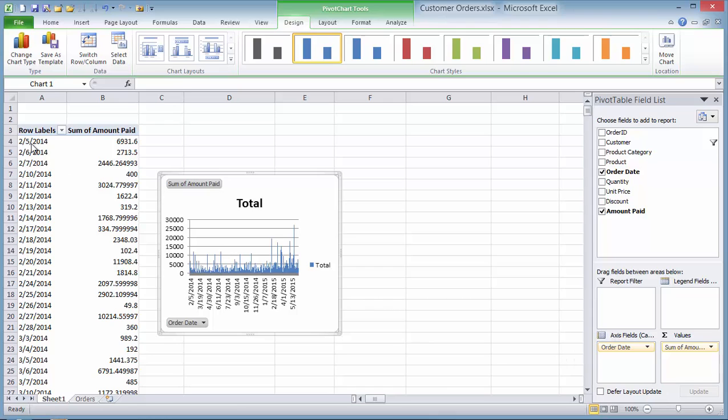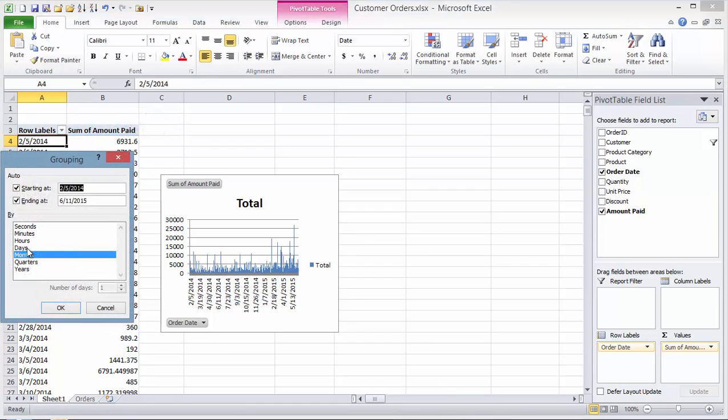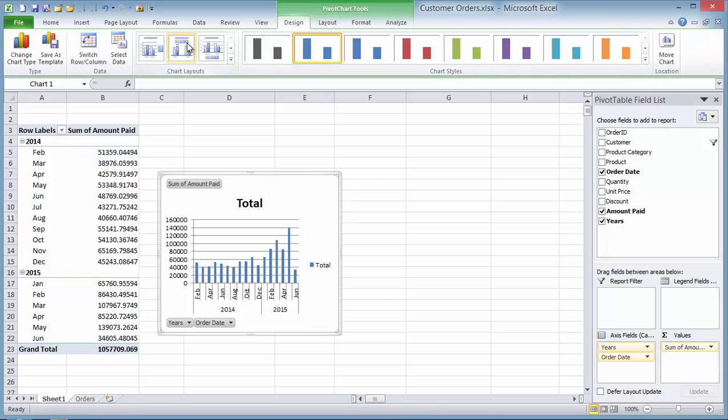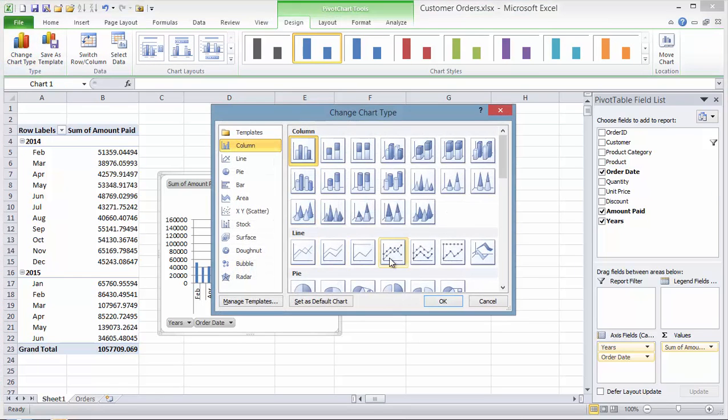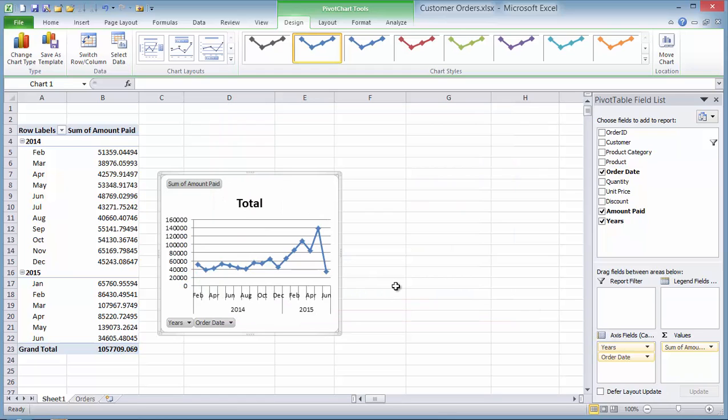I will group these. And I'll make this a line chart. So that's how long it took to get all of that information.